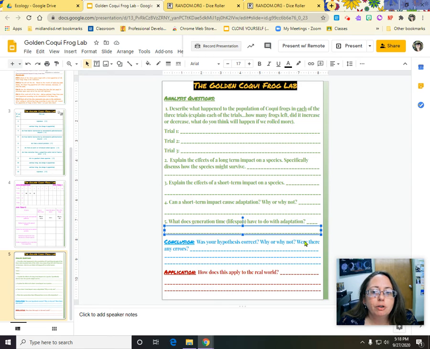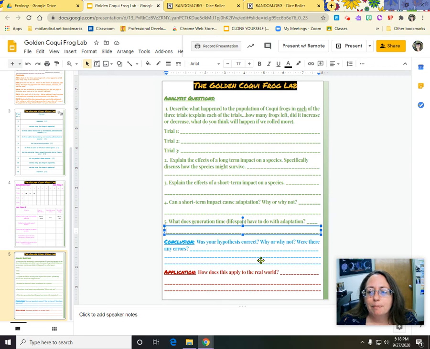What does generation time, lifespan have to do with adaptation? So in this one, I'm going to help you guys. So generation time or lifespan. Well, adaptation takes a long time, right? It's a long-term change. So that means that the lifespan of an animal can also cause it to take a really long time to adapt or a really short time to adapt.